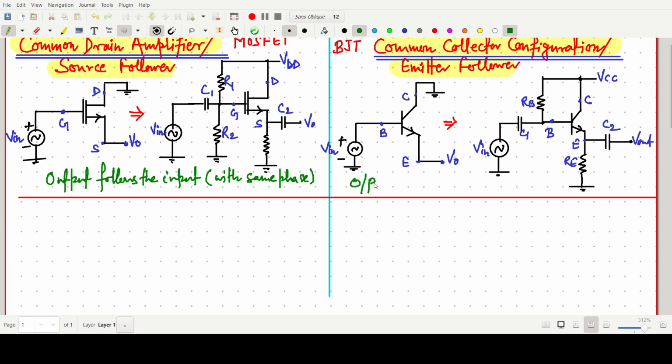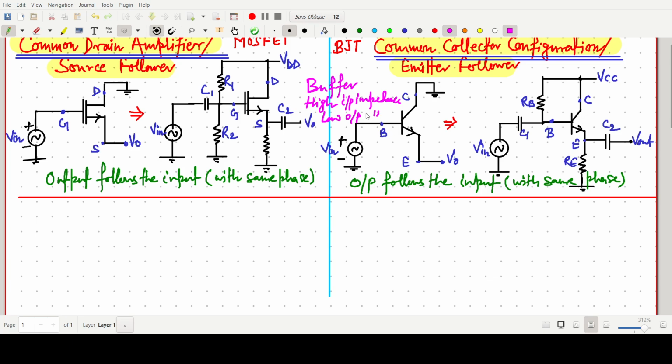Here I am also writing, output follows the input with same phase, and both are used as a buffer with high input impedance and low output impedance.